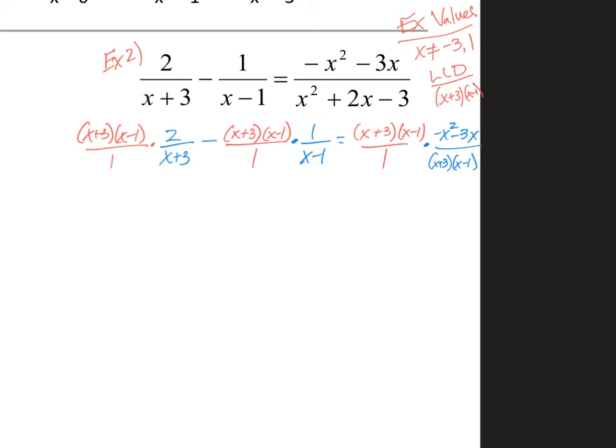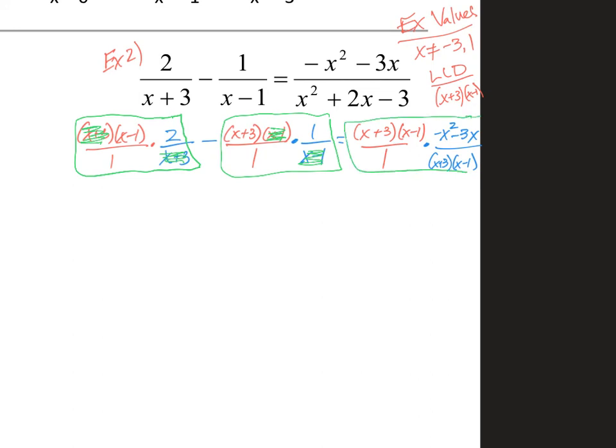When we're dealing with rationals, it's dividing out the factors that are the same. So again, I'm going to put a box around the multiplication so I know what I can divide out. So that's x plus 3's that I can do away with. Box around my second term. The x minus 1's are what I can do away with. Okay. And then on the right-hand side of my equal sign, I can do away with the x plus 3's and the x minus 1's.